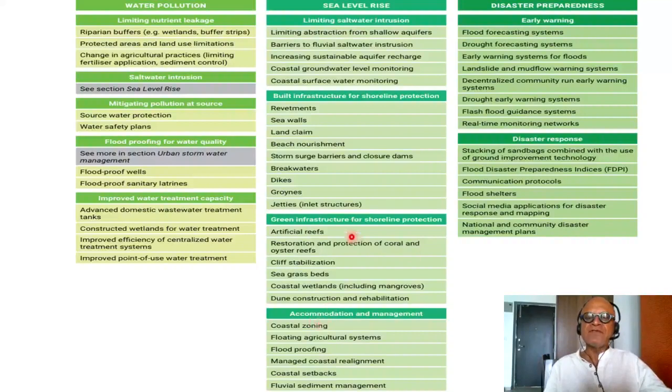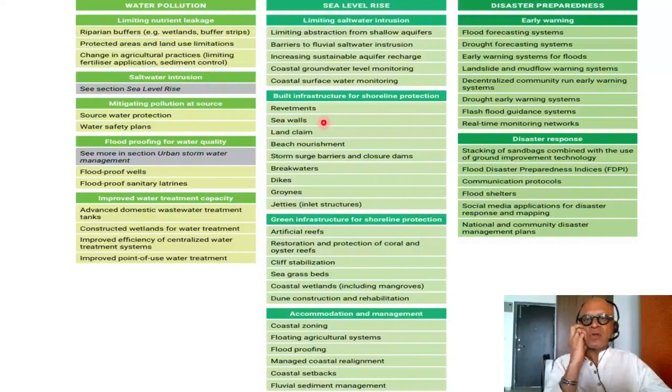So green infrastructure and built infrastructure, what is the relation? Well, you use things like nature-based solutions, artificial reefs, etc. in the green infrastructure, and you make them adaptive as well.